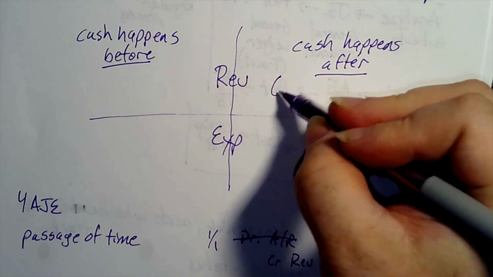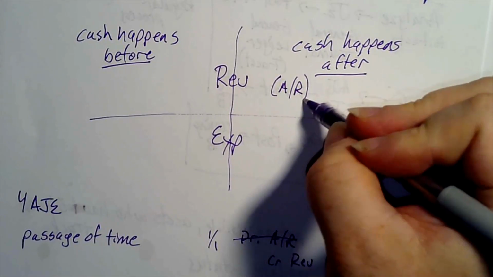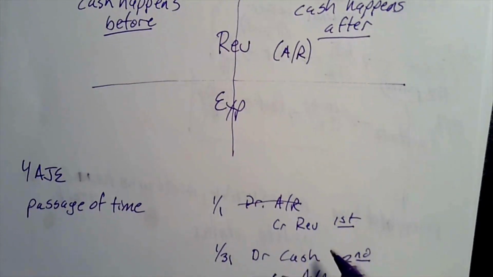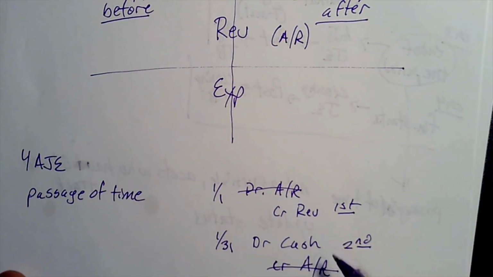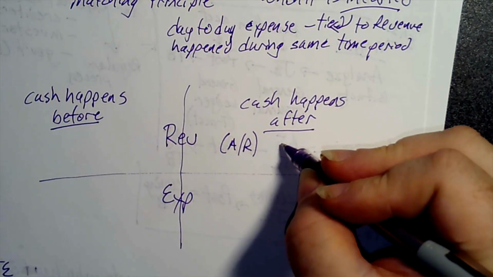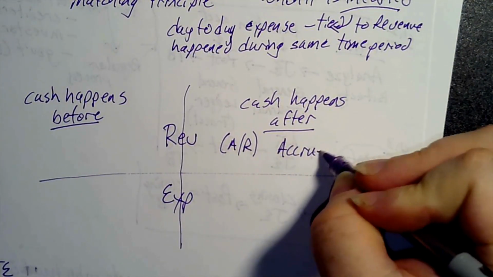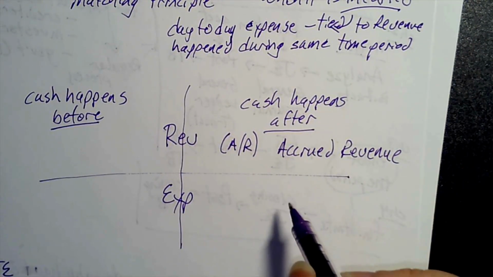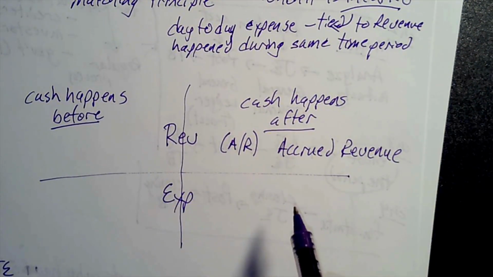We're not going to call it AR, but this situation is an example we've already experienced, where we record the revenue first and the cash happens later. So we're actually going to call this an accrued revenue.